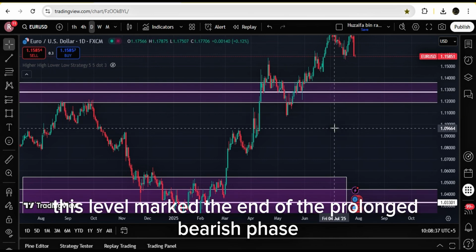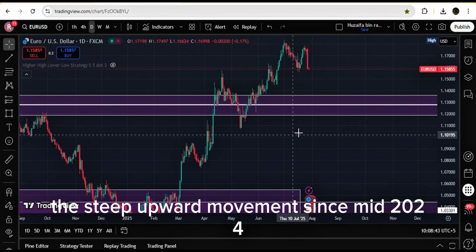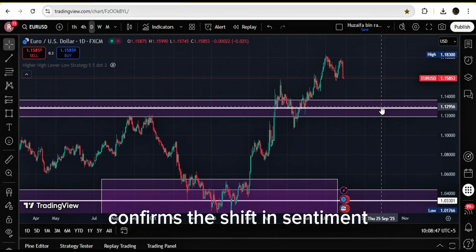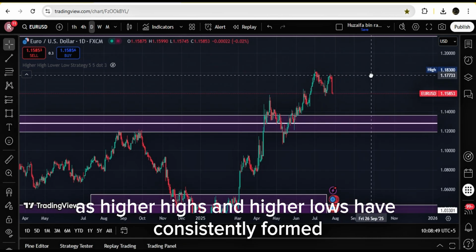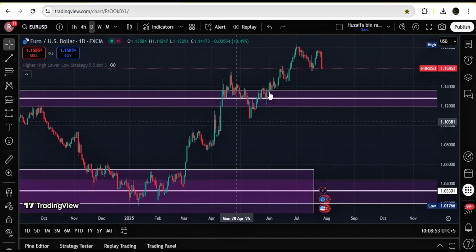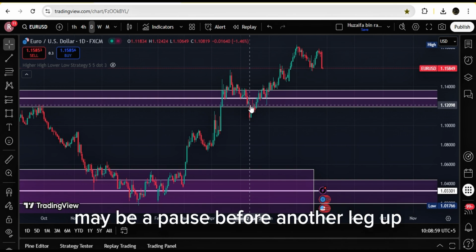This level marked the end of the prolonged bearish phase and set the stage for the current bullish trend. The steep upward movement since mid-2024 confirms the shift in sentiment, as higher highs and higher lows have consistently formed. The recent consolidation near 1.15 to 1.16 may be a pause before another leg up.